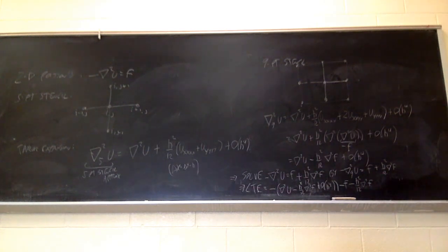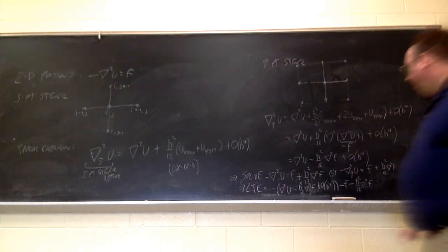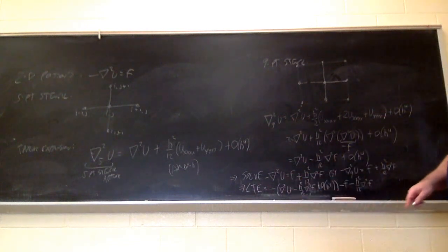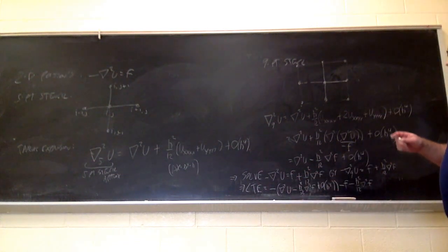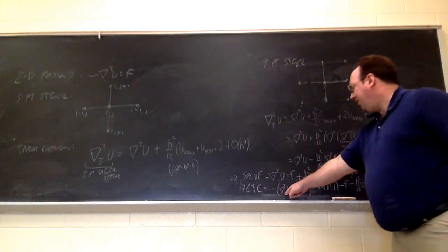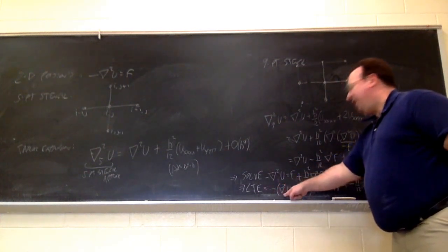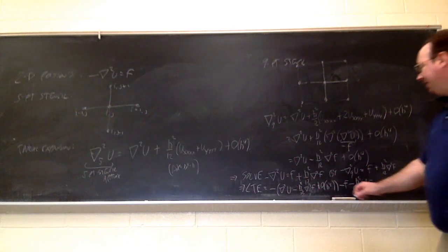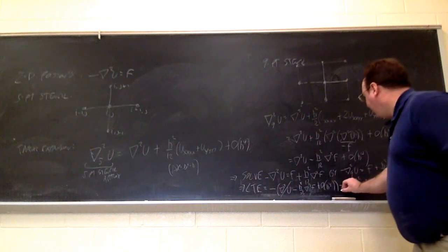Okay. All right, good. Now, Laplacian squared of u, the Laplacian of u is equal to minus f. So I have minus of minus f, which is a plus f, which cancels with this minus f. So these cancel each other out.